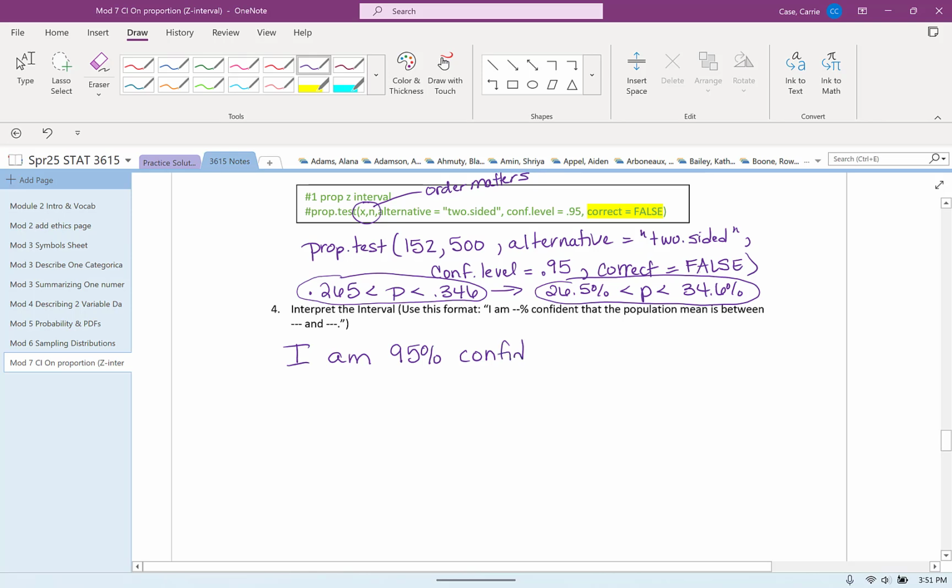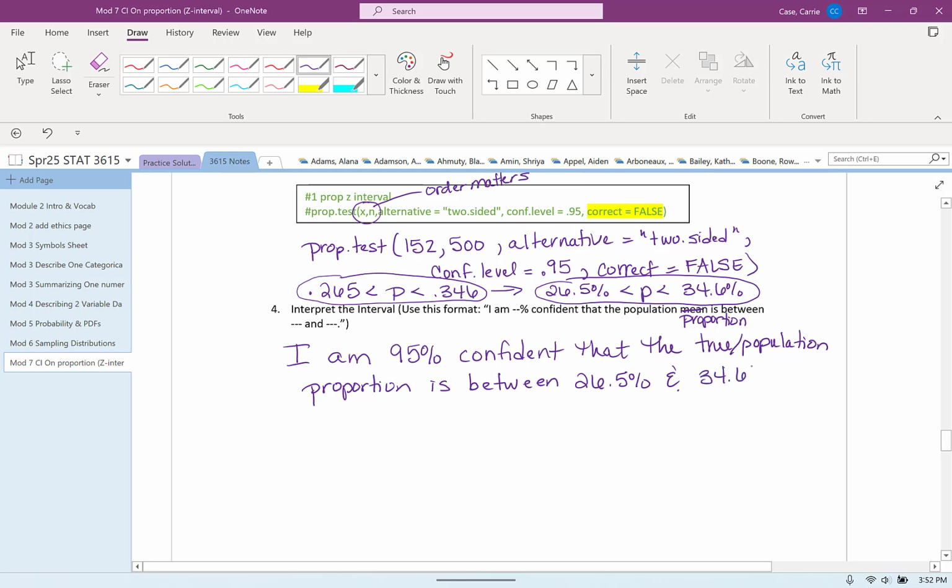So I am 95% confident that the true proportion, that should say population proportion, the true proportion or the population proportion, your choice which words you use, is between 26.5% and 34.6% of children who are nearsighted.